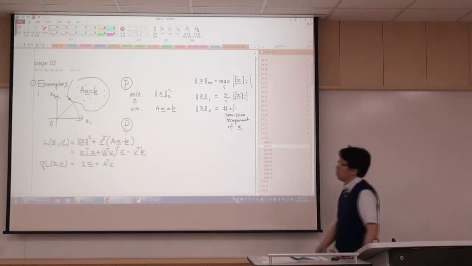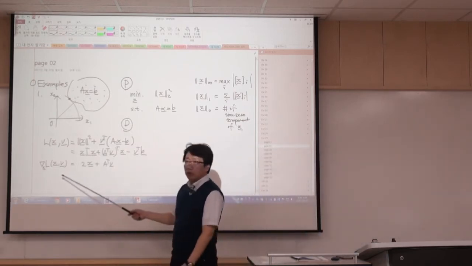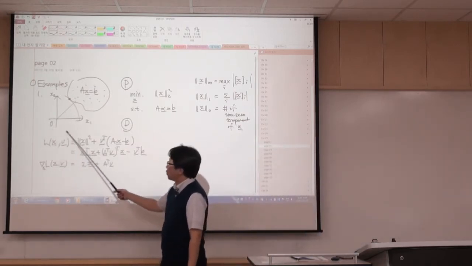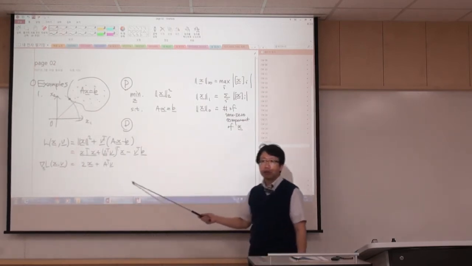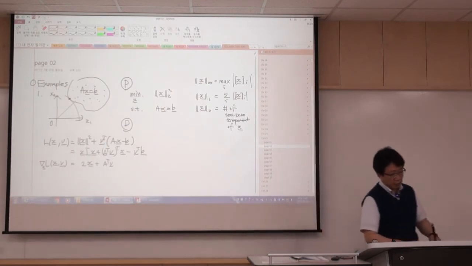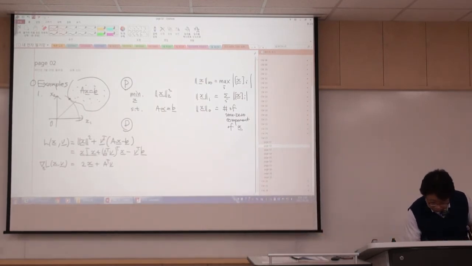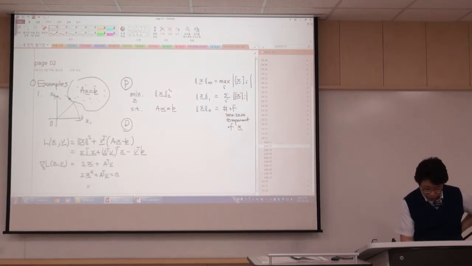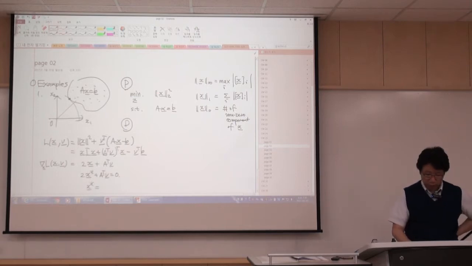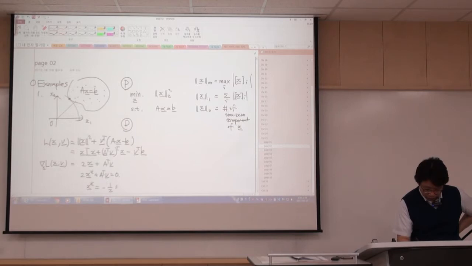And our minimizer of this function satisfies what? This equals 0 from the first order necessary condition. So what does that mean? Am I right?